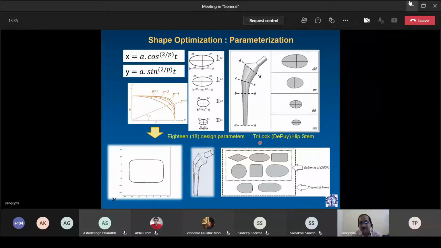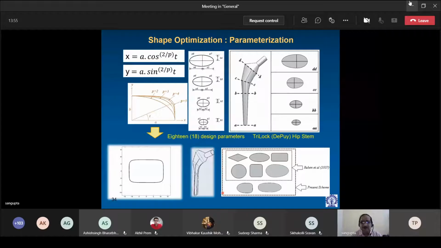So 18 design parameters we need to deal with. We need to find out the most optimum shapes, 3D shapes that would give me minimum failure. Okay.